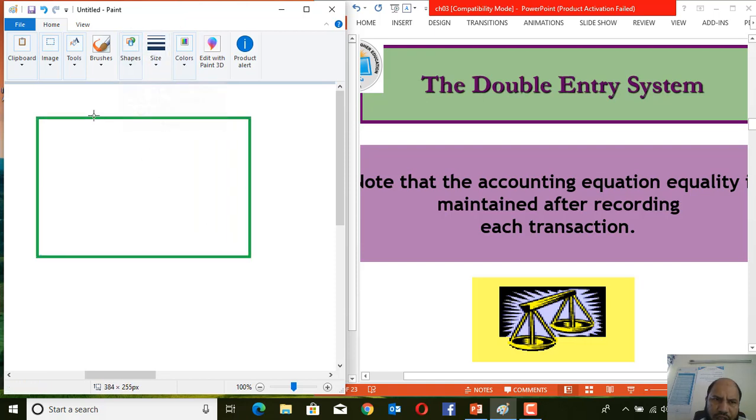Let's draw a general journal. This is the date column, this is the description column, this is the ledger folio, this is the debit record, and this is the credit record, the standard format of a general journal.